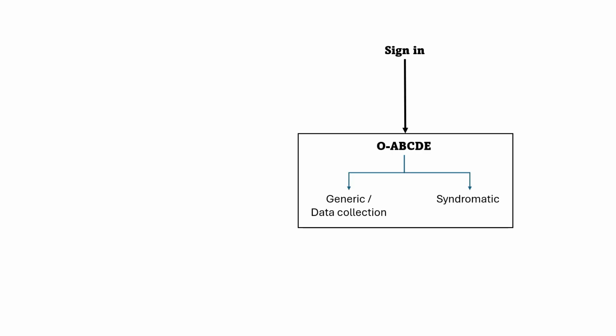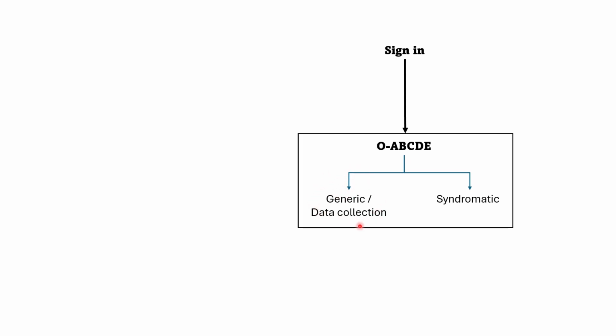One of the main models I'll use in this part is this one. We have a sign in, then the patient comes in, you get a report, and you go through your O-ABCDE. O is for overview, and we'll go through the details of this. Then you have two parallel pathways.